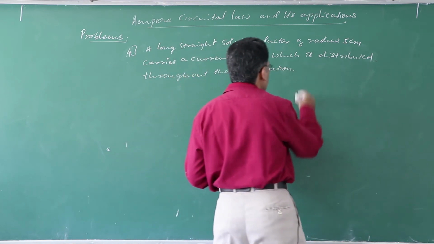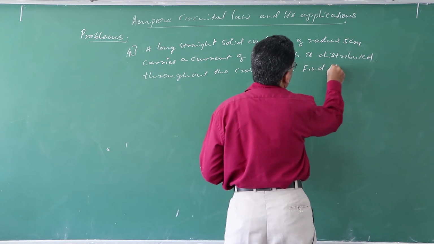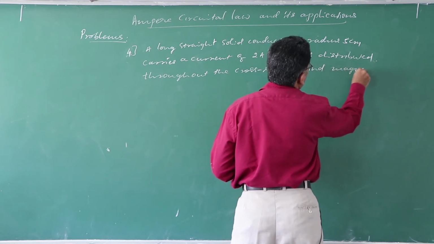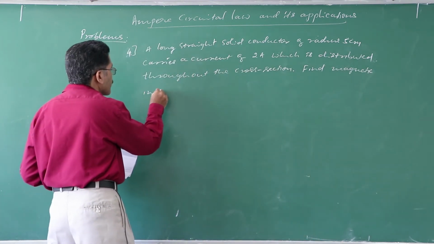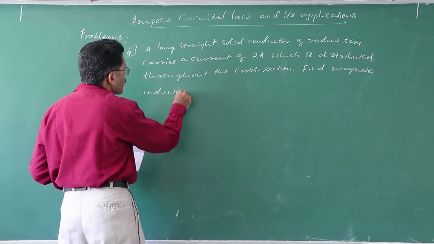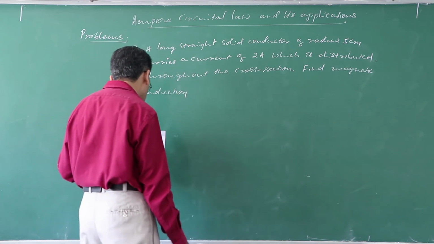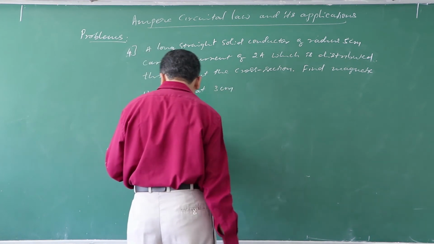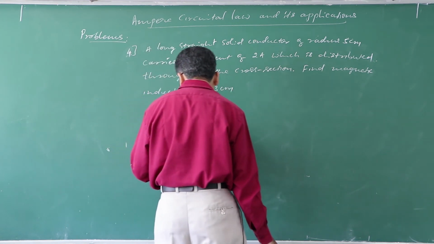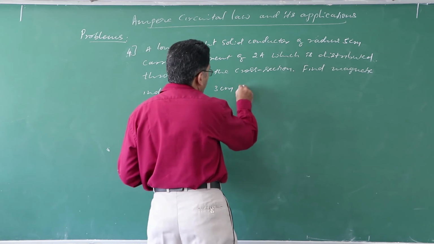Find the magnetic induction at 3 centimeter from the axis of the conductor.